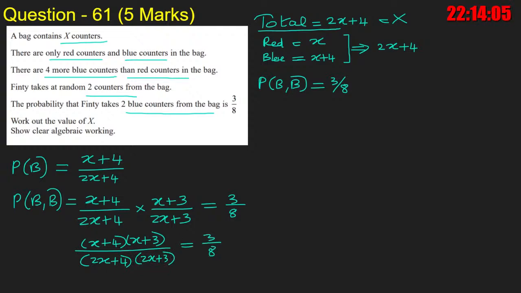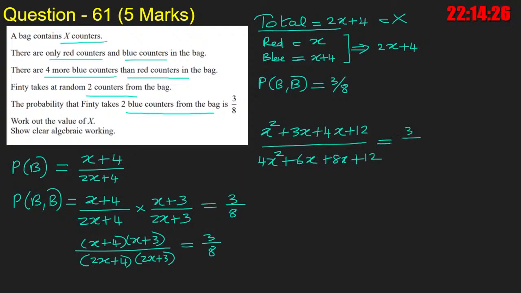So I'm just expanding the bracket. x squared plus 3x plus 4x plus 12 over 4x squared plus 6x plus 8x plus 12 equal 3 over 8.